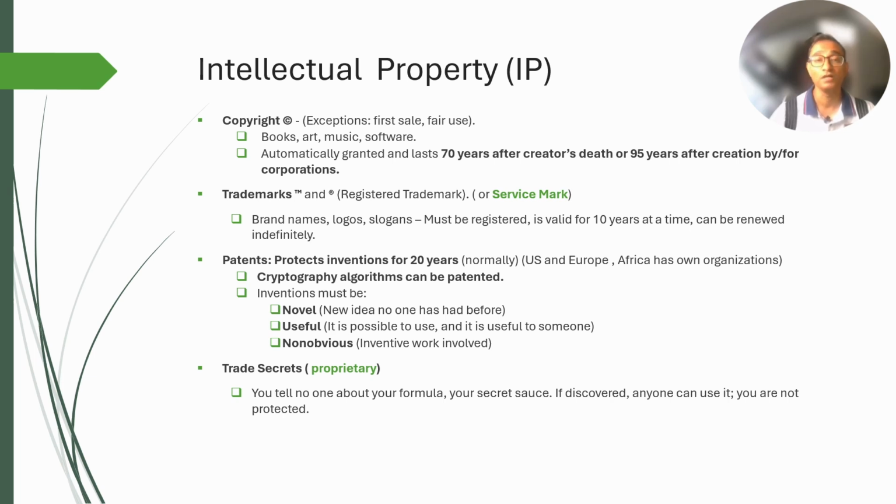For example, a cryptographic algorithm can be patented. The important criteria is that the invention for which the patent is filed should be novel, a new idea, should be useful for military, commercial, or civil services, and it should be non-obvious, which means it must have an inventive work involved in it.